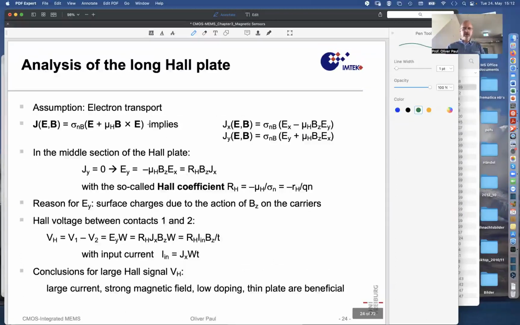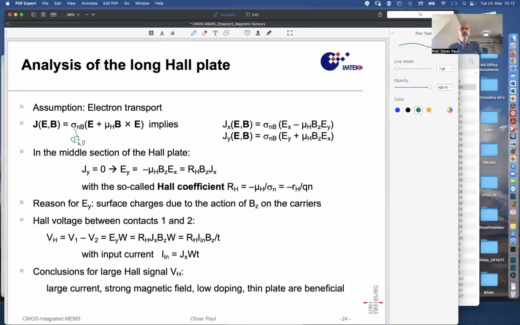So that is this. Now we can analyze this Hall plate in more detail. That means we will analyze this equation here, and for the purpose of the analysis, I also set this to small B values, sigma n0. Okay.